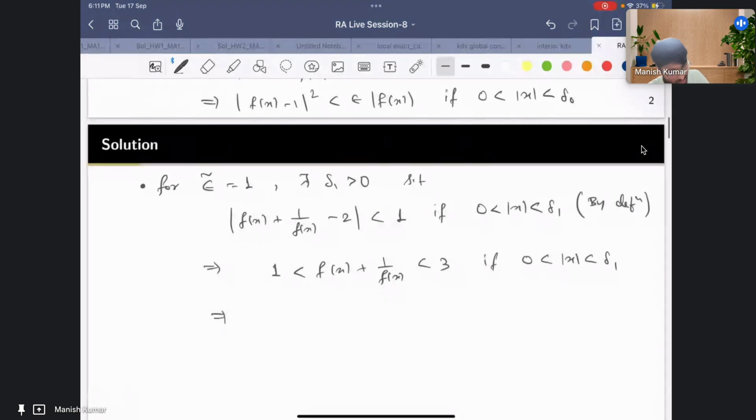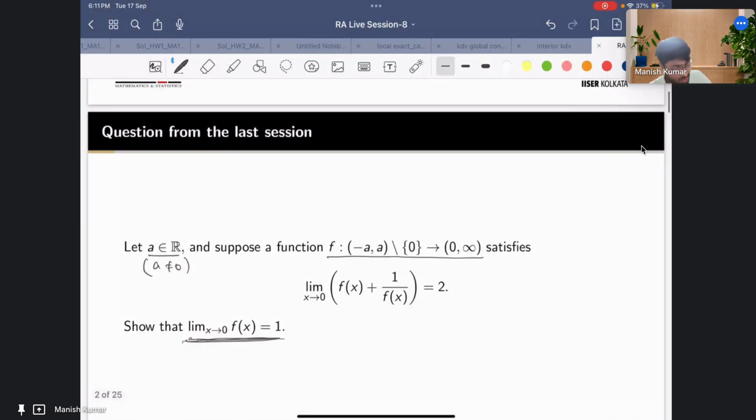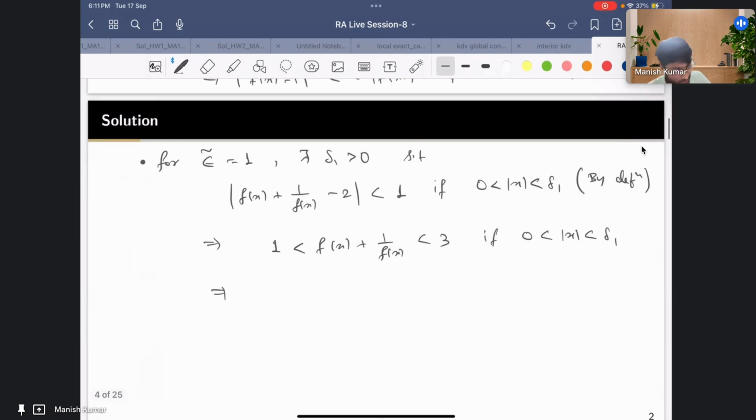Now what does this mean? If you remember the condition that your function f was positive, right? So that's why I can say that this is positive, correct? So I can say f(x), just a second. Let me see. Okay, so f(x) plus 1 by f(x) is a positive quantity.